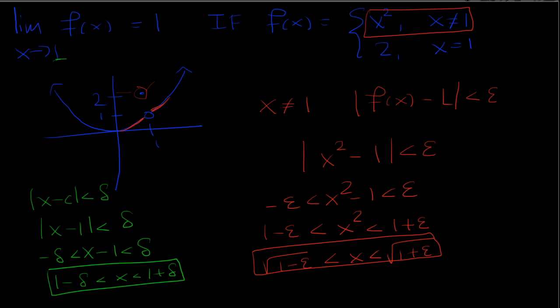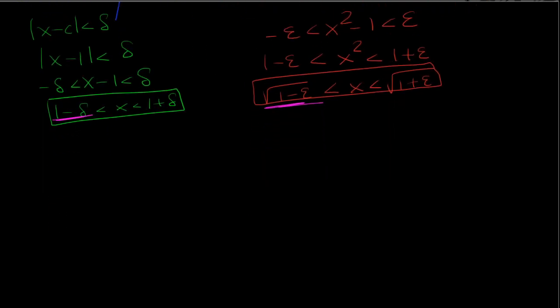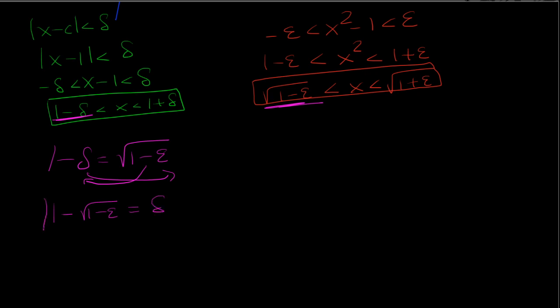So we're going to set the smaller bounds equal to each other. So 1 minus delta will equal the square root of 1 minus epsilon. I'm going to move the delta to the right and move the square root of 1 minus epsilon to the left. So we'll have 1 minus the square root of 1 minus epsilon equal to delta.